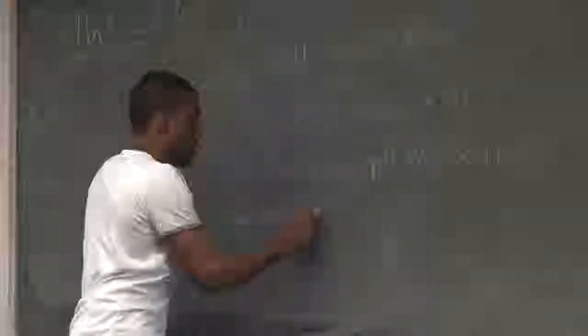Then we want the square root of x plus 1 squared plus y squared plus z squared. That's the distance of those points from the given point. We want that to be equal to the distance to the plane x equals 1.